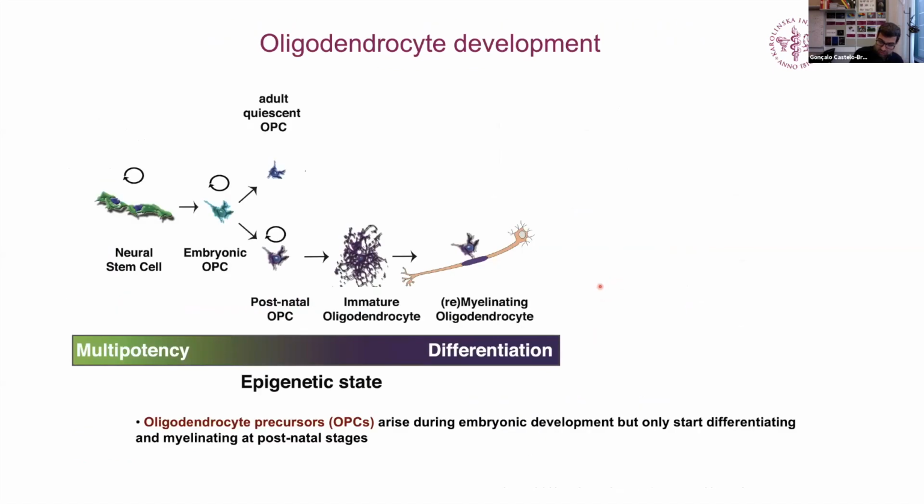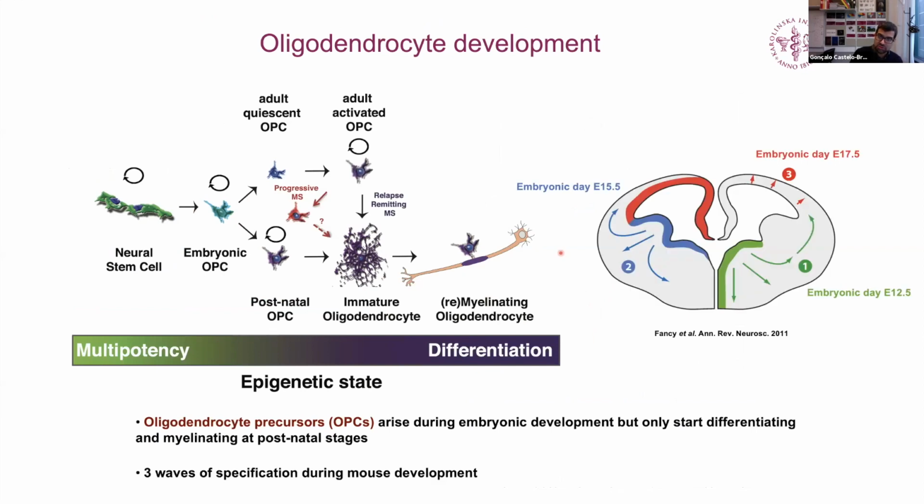And just to backtrack a little bit, oligodendrocytes are generated during development from neural stem cells, and then they proliferate throughout embryogenesis in the mouse, and only start differentiating at postnatal stages into oligodendrocytes that give rise to myelin and myelinate axons.